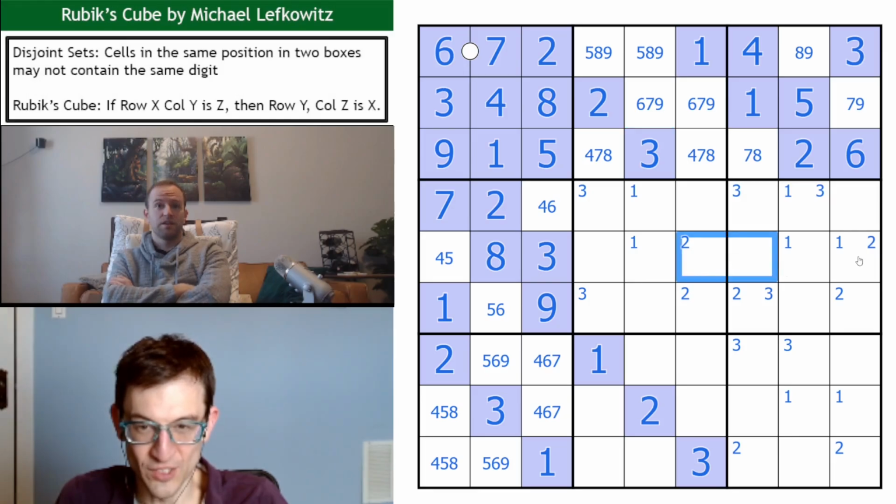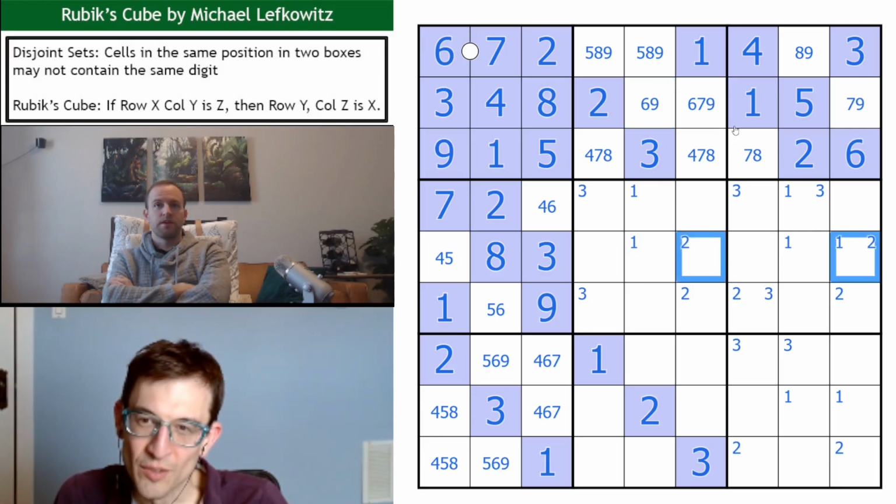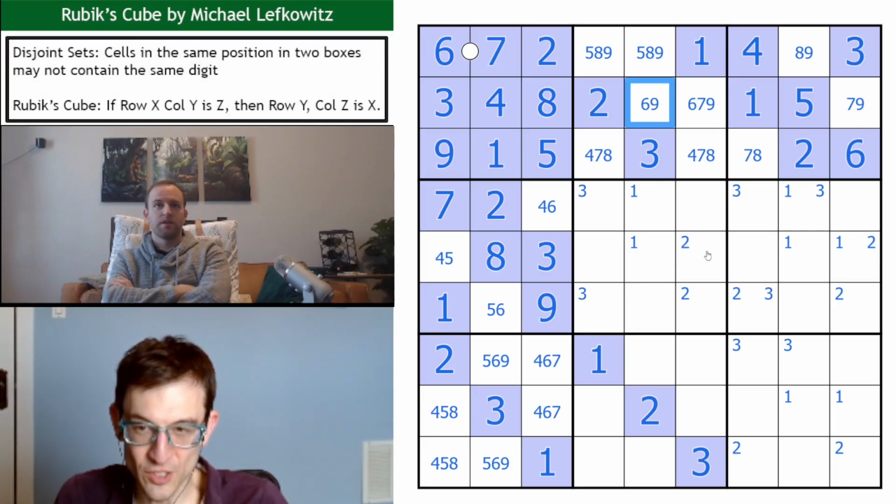I see. So these are 2. So this can't be a 7. It's the exact opposite. These are the twos in row 5. And then the twos in row 6, which is 6, 7, 9.